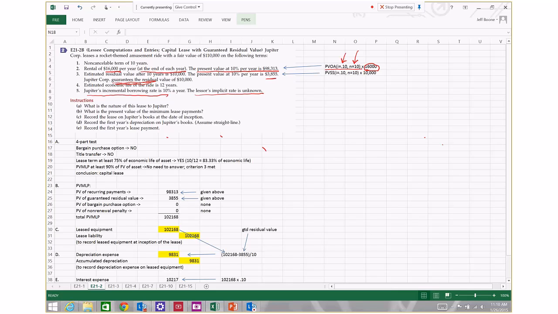And that is calculated by taking the $10,000 amount of guaranteed residual value and multiplying it times the present value of the single sum factor, where the discount rate is 10%, i is equal to 0.10, and n is equal to 10 years because it's going to be 10 years before that residual value has to be made good by the lessee.